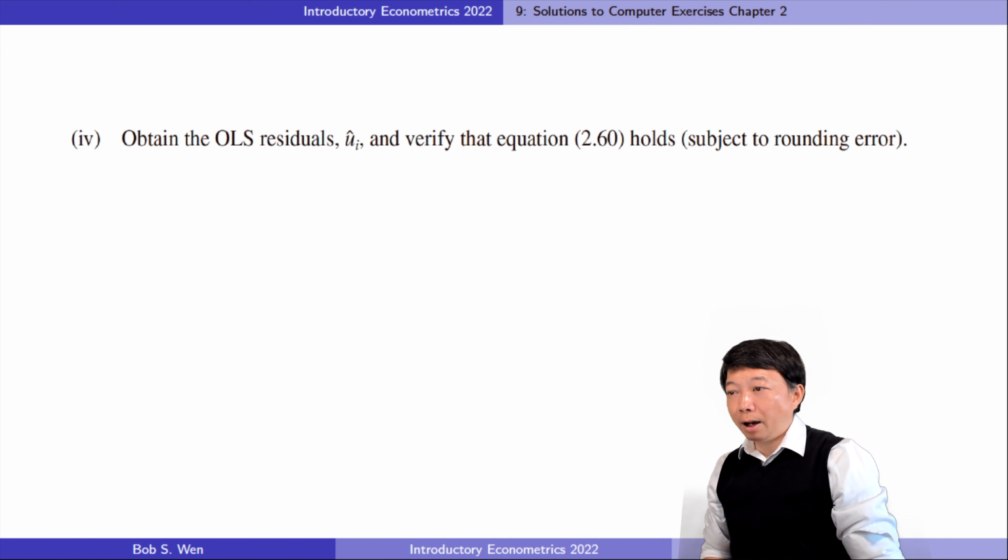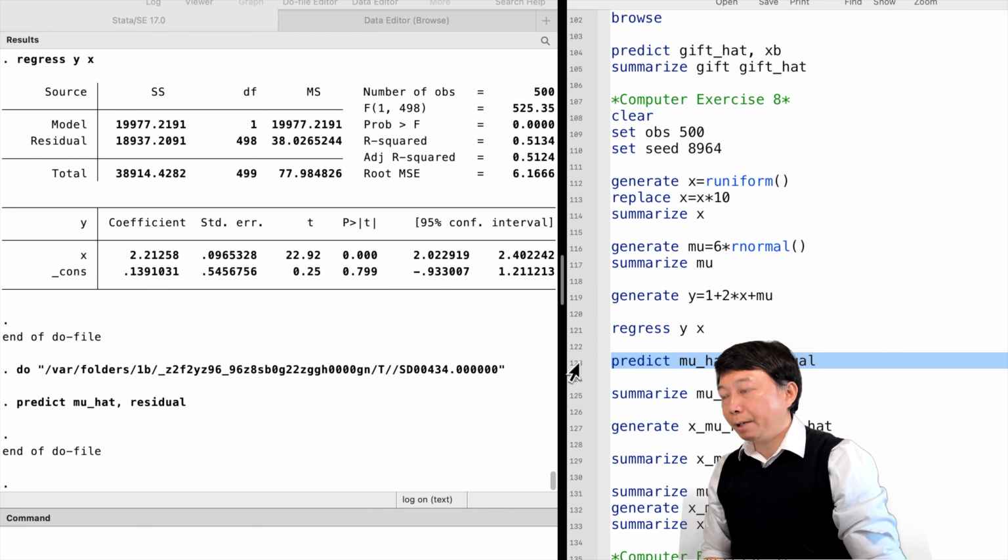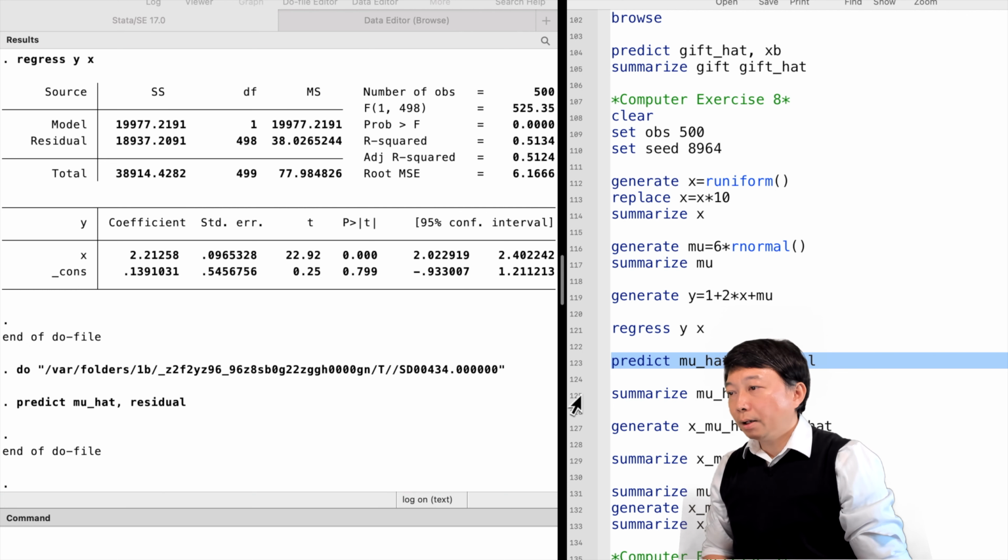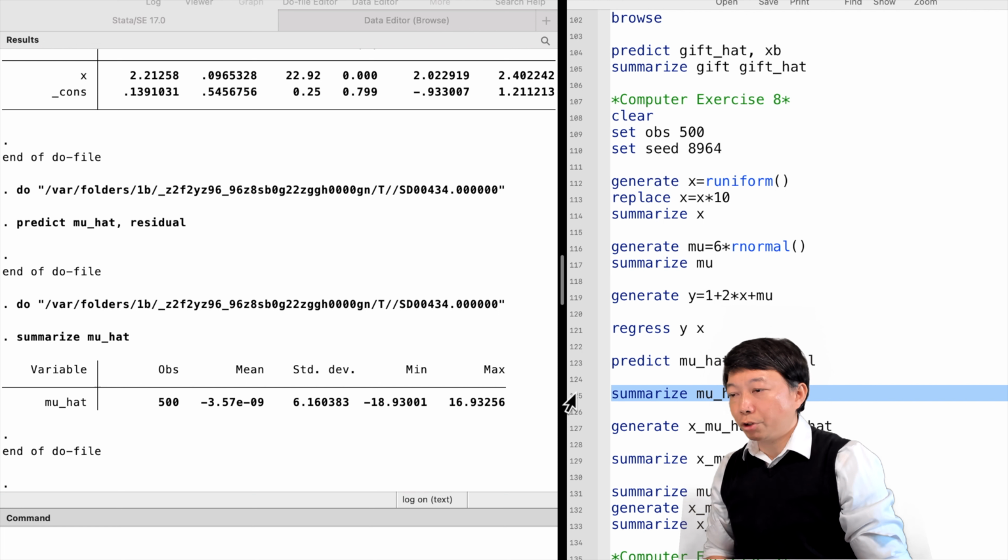The fourth question asks us to verify that the sum of residuals is 0 and the sum of the products of x and residual is also 0. We use the command predict to obtain the residuals. After the regression, we type predict mu hat, comma, followed by the option residual. Then we use the summarize command to find the sample mean of the residuals. It is nearly 0.